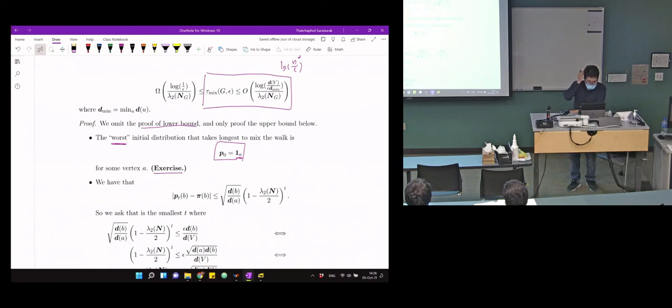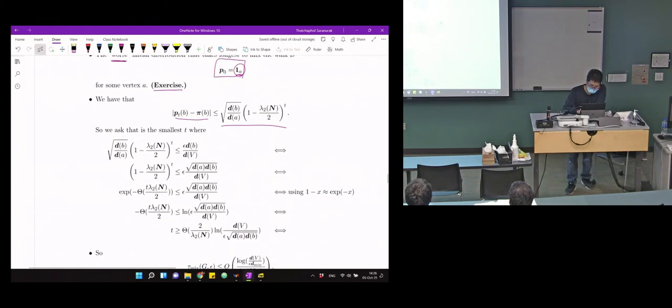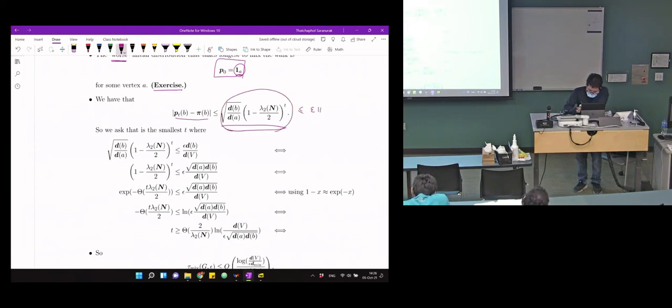And we have seen that if you start at vertex A, the deviation at B is at most this. Now just calculate. We want to say that this thing should be at most epsilon pi of B. We want to ask for the smallest t that you can guarantee this, right? And pi of B is nothing but d_B over d_V.